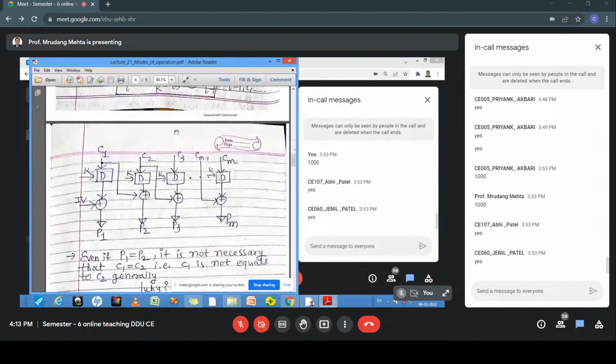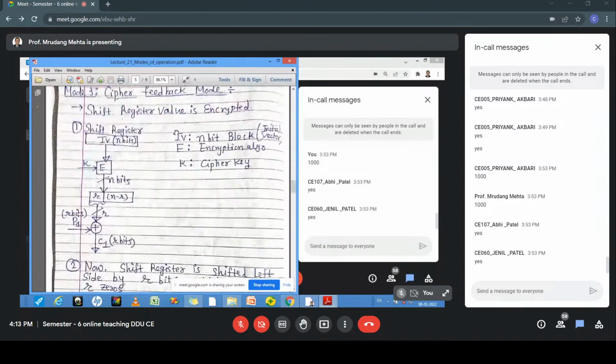Please type in the chat box so that I can proceed to the third mode. Yes, students. Okay, it is relatively easy, but pay attention to understand this third mode. It is a little bit tricky.